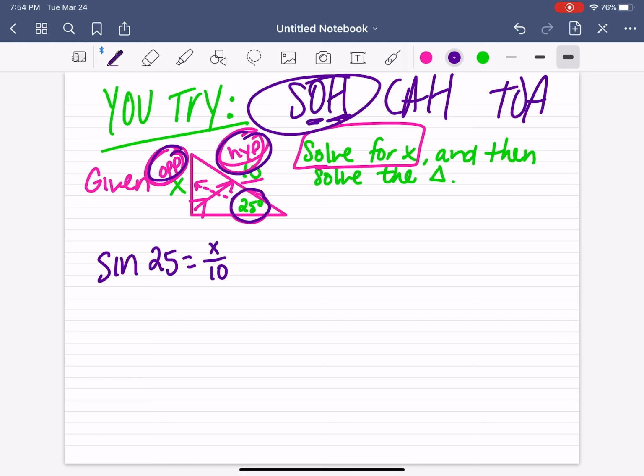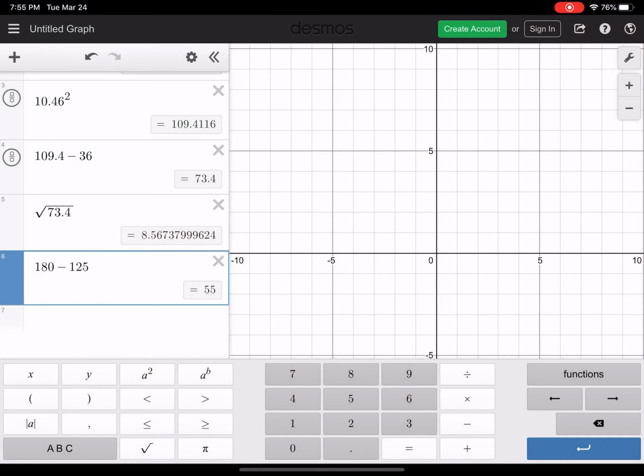So let's solve for x to finish off the first part of the problem. Times 10 on both sides. So x is equal to 10 times the sine of 25. So again, let's go to the Desmos calculator and type that in.